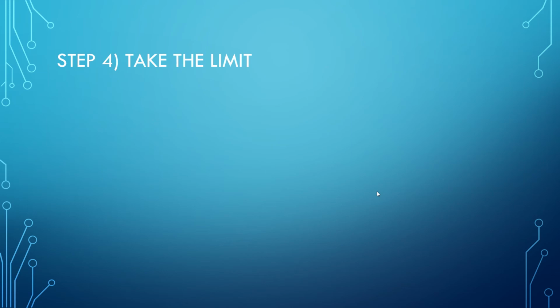That brings us to our final step, which is taking the limit of q. So the limit as h approaches 0 of negative 1 over x plus h plus 1 times x plus 1.